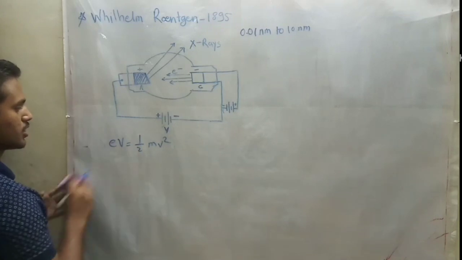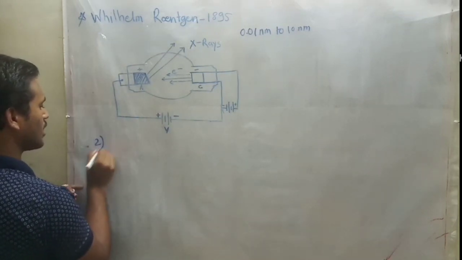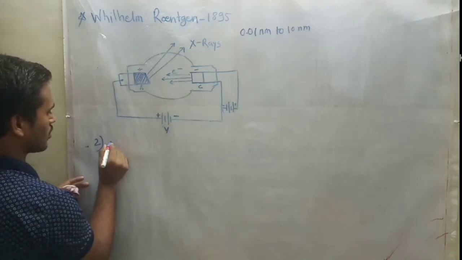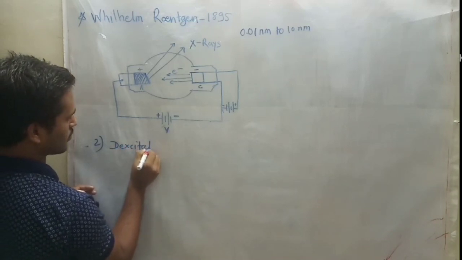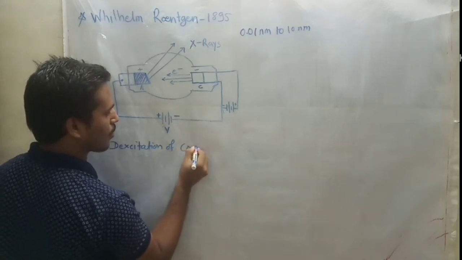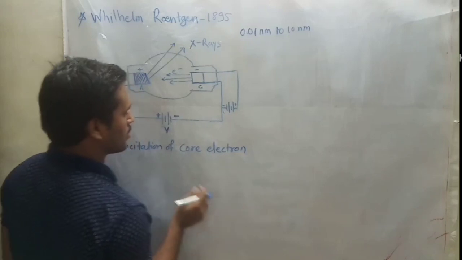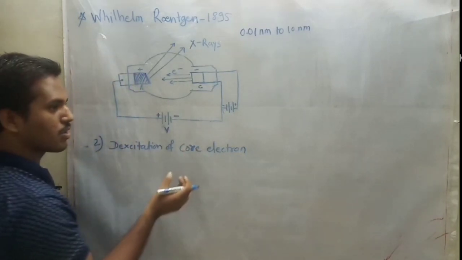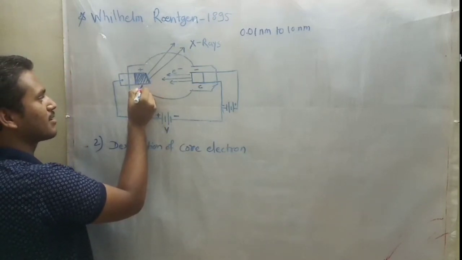The second phenomenon of producing X-rays is the excitation of inner shell electrons, the core electrons of the atoms of the target anode.